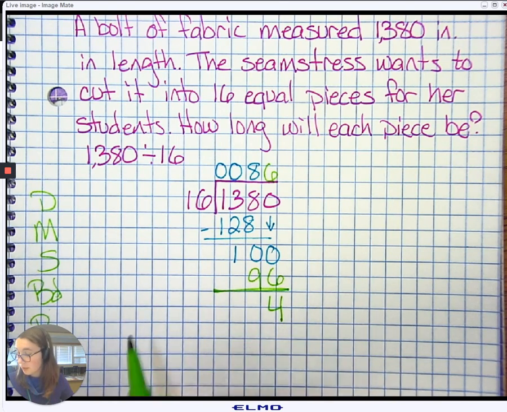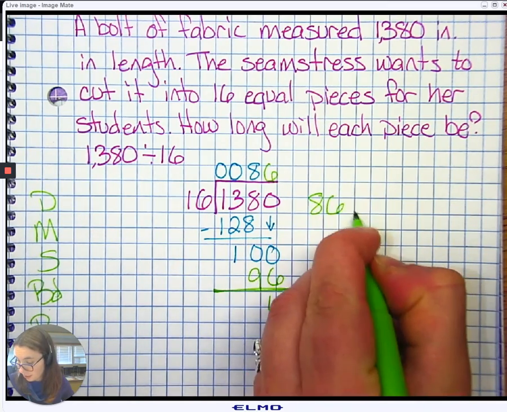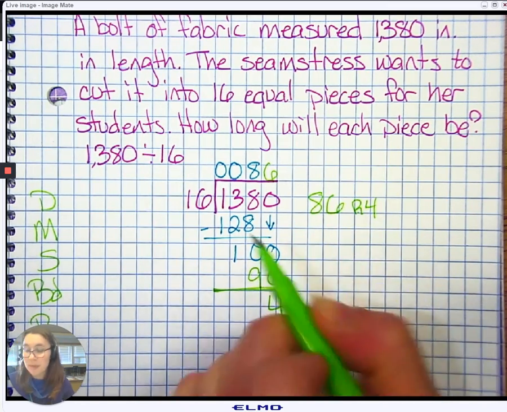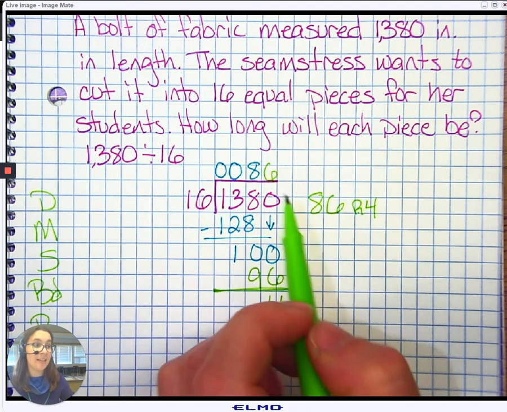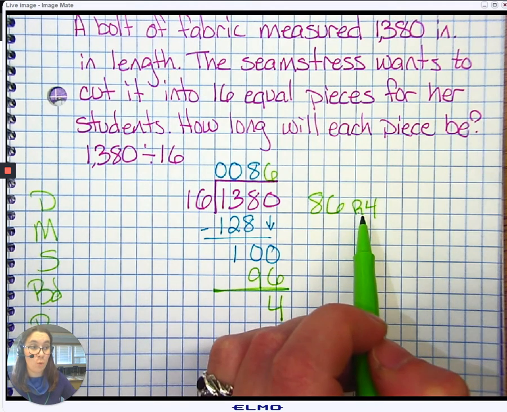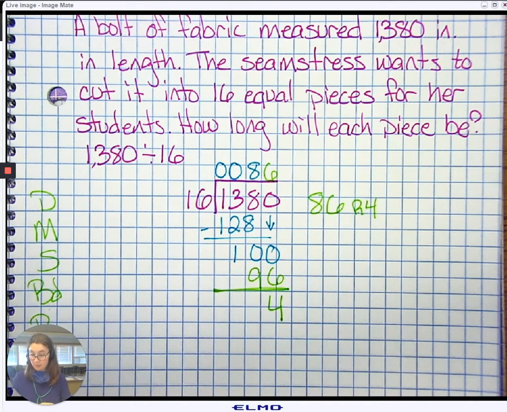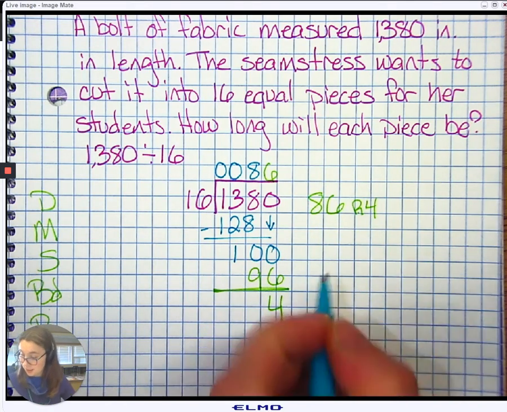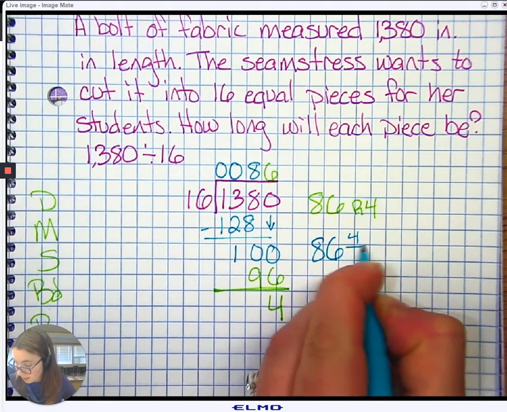Now, 86 and remainder 4. Or, because we're dealing with a length of fabric, I'm not going to just leave 4 inches stranded off nowhere. I'm going to write it over as a fraction. So instead of 86 remainder 4, I'm going to write it 86 and 4 16ths.